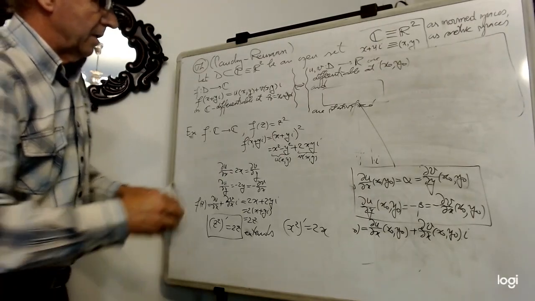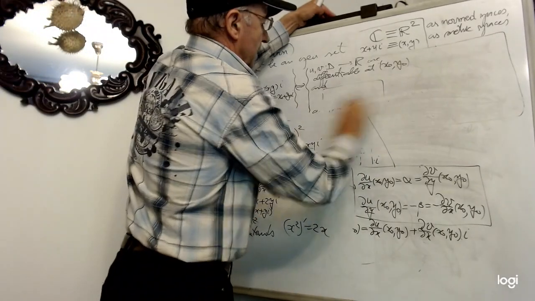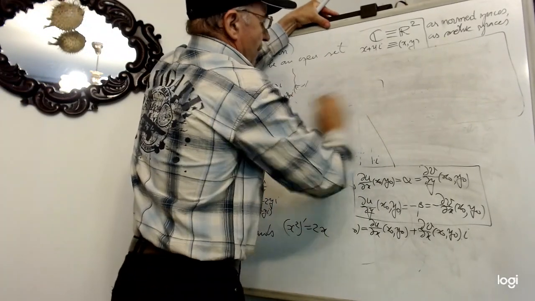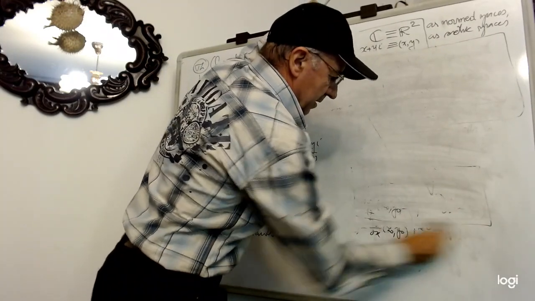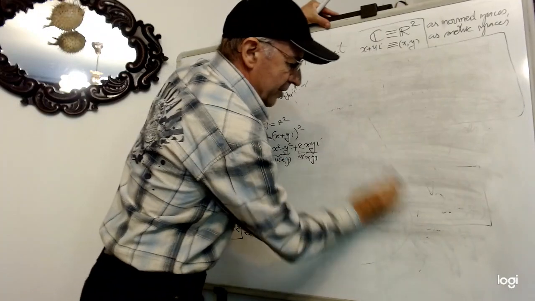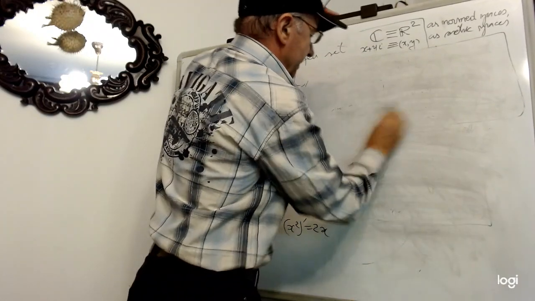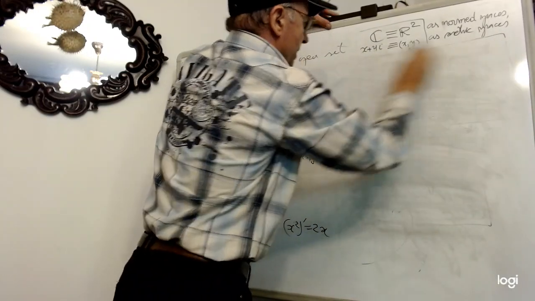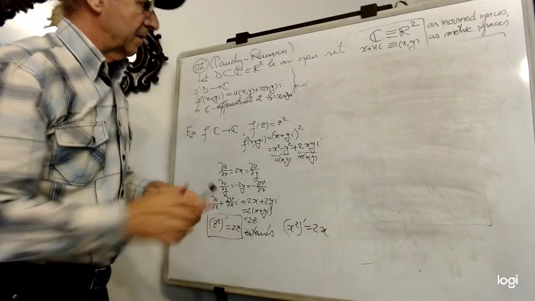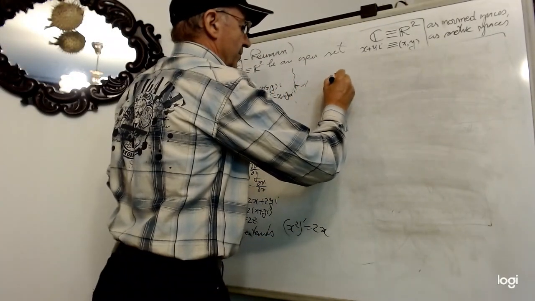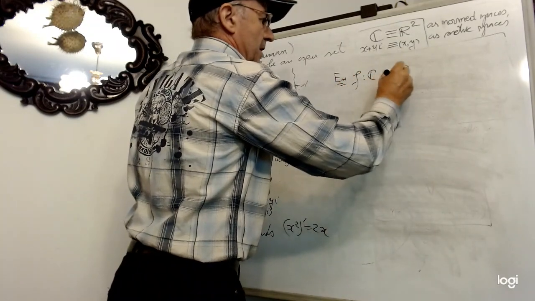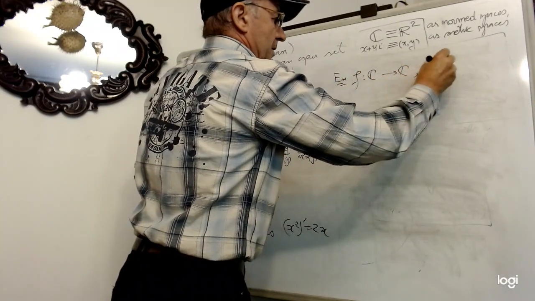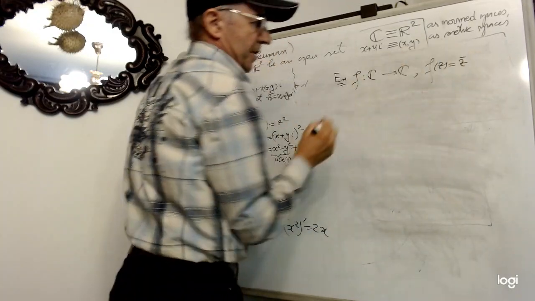Now another example. Let us consider the following function and investigate the differentiability at a point by using the Cauchy-Riemann theorem. Let f from C to C, f of z equals the complex conjugate of z.